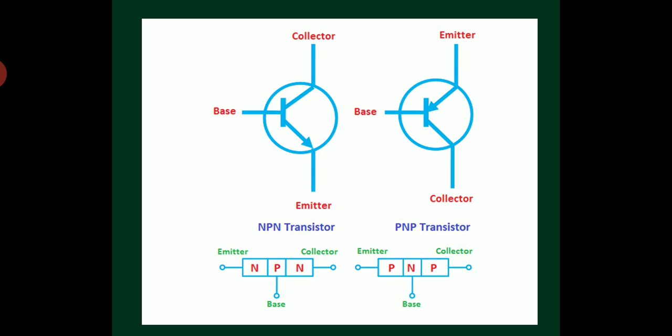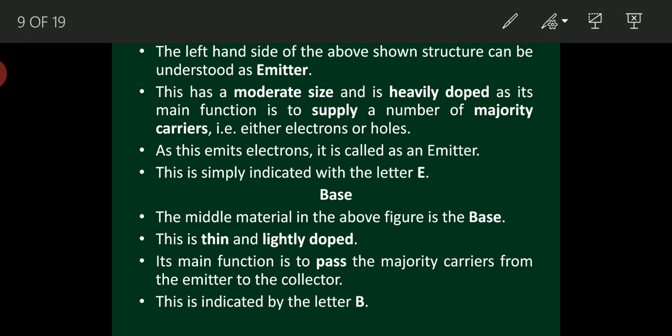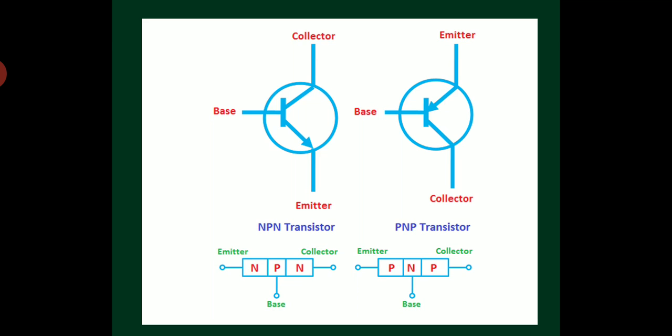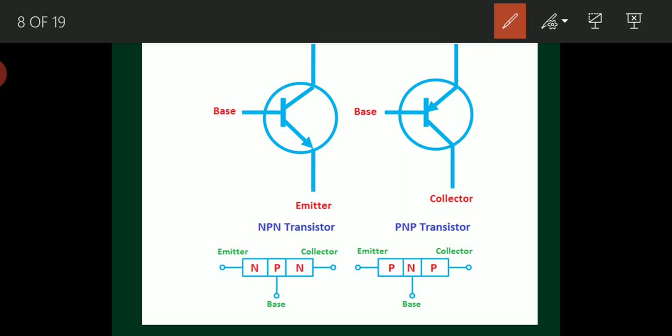The first junction, between emitter and base, is called the input junction. The junction present between emitter and base, I call it junction J1 or junction JE.